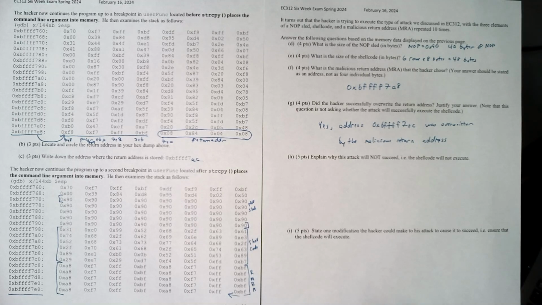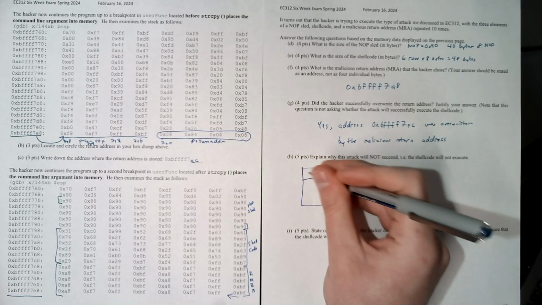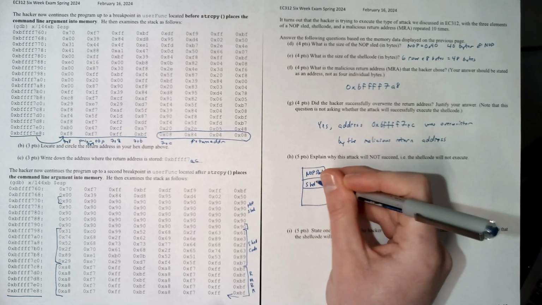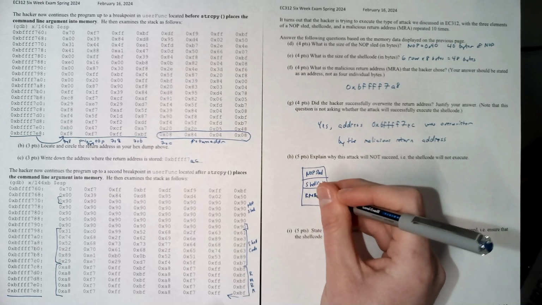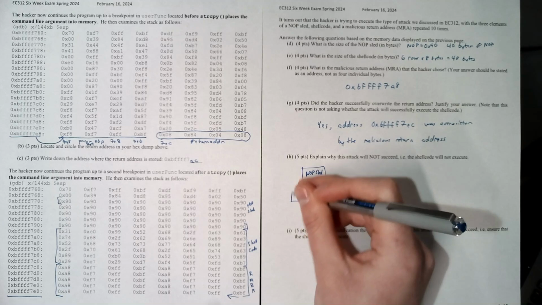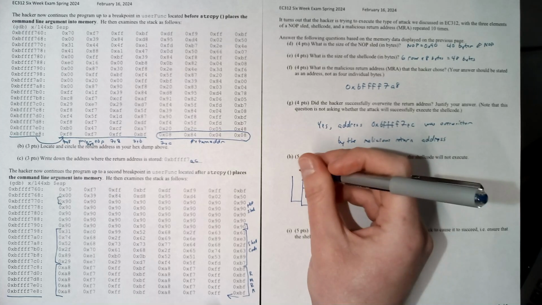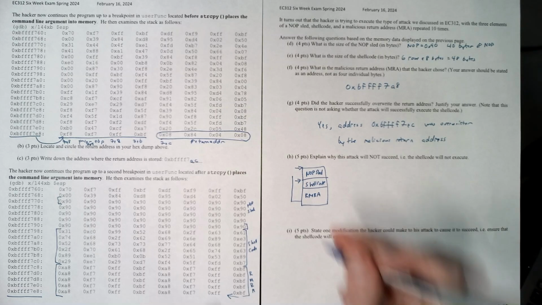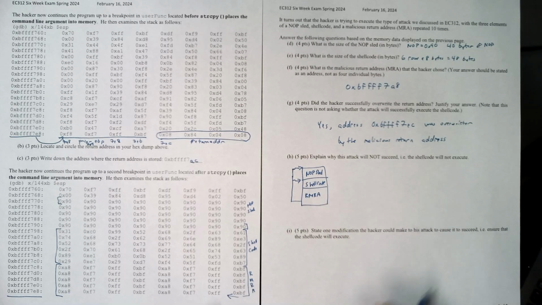We know, based on our diagram, we've got our no-op sled, we've got our shellcode, and we've got our repeated malicious return addresses. And those are going to redirect us somewhere up into the stuff that we've inserted. We need that to redirect between the no-op sled and the shellcode for this to work, right? So regardless of where it actually ends up, it's got to be in that range to be successful.